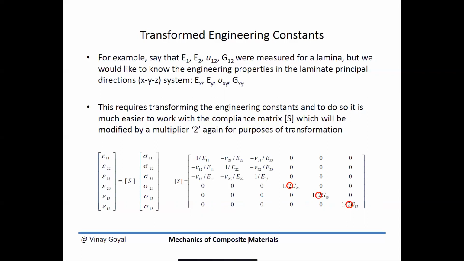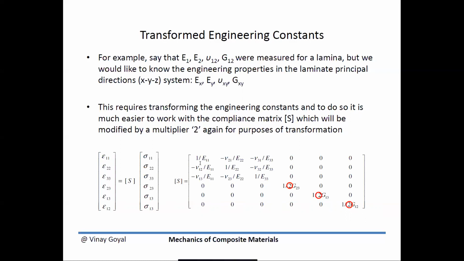That requires us to transform the engineering constants, but it will be much easier to do the whole procedure starting with the compliance matrix S, which we will multiply by 2 again for purposes of transformation. If you recall earlier, I can relate strain to stress using this compliance matrix. And the beauty about this compliance matrix is that you don't have to memorize it because you can derive these formulas using the principle of superposition, as we had discussed earlier.